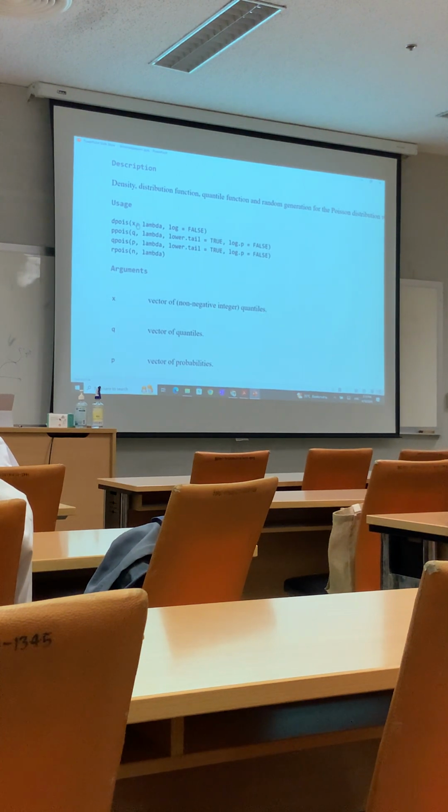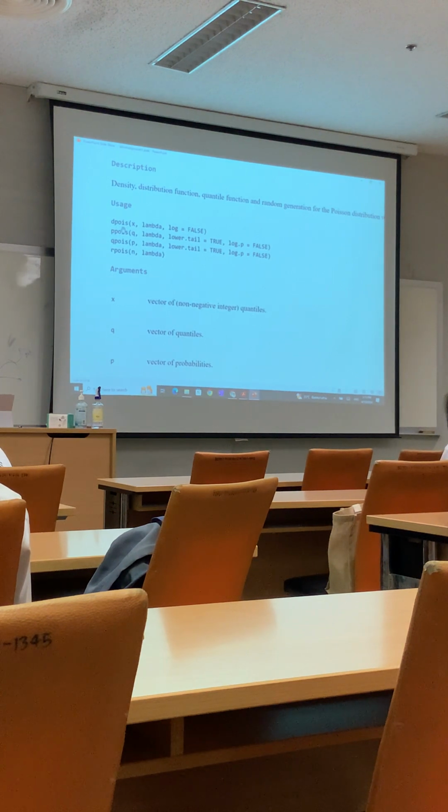P, you can see lower tail equal to true, is the cumulative distribution function, or CDF. This is when you want to calculate, for example, the probability of y less than or equal to 4. We'll see more examples of D and P.